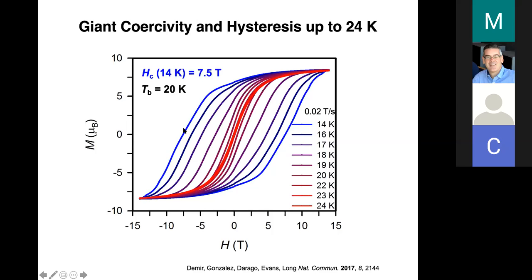But you also see at low temperatures this really enormous coercive field. And so here we're seeing a coercive field of 7.5 Tesla. These are rivaling the very strongest magnets that we have.